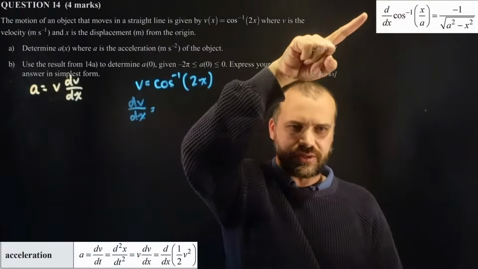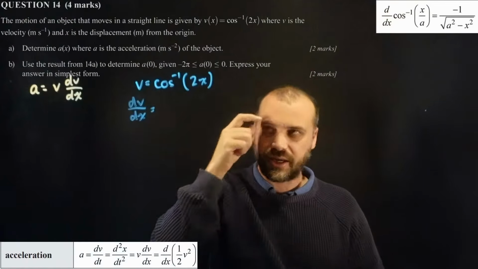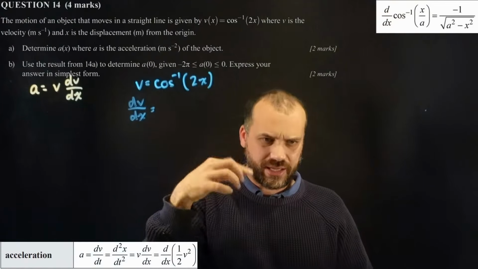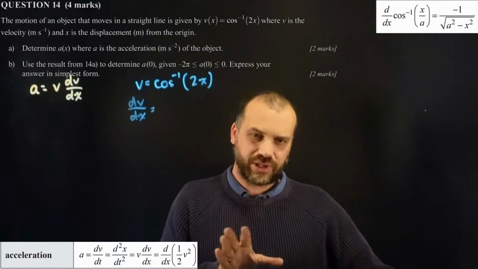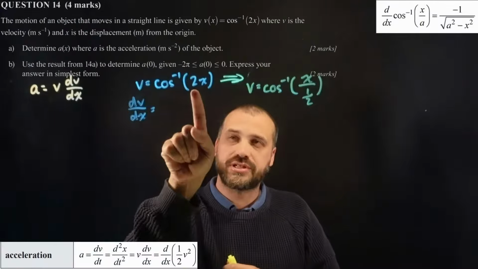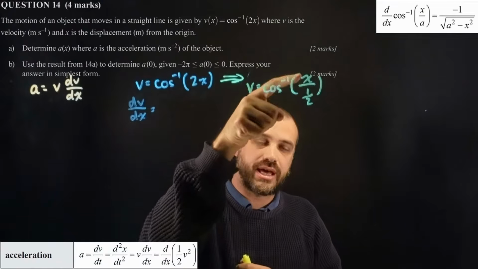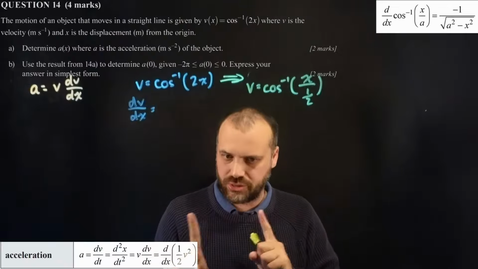You can see the derivative of inverse cos of x over a. Now, this isn't written in the form x over a, but I can write it in the form x over a relatively easily. So to get it in this nice form, I've just said 2x is equal to x over 1/2. X divided by 1/2 is the same as 2x.